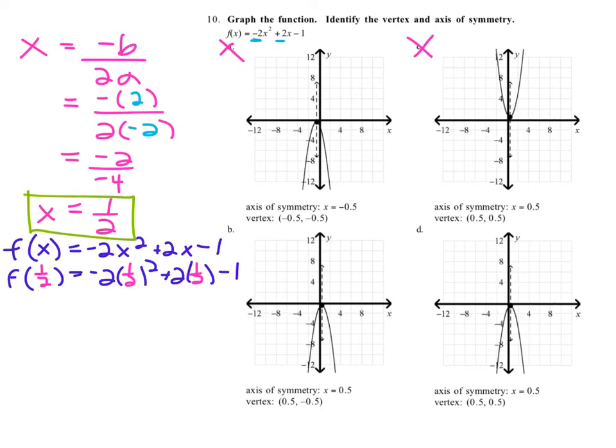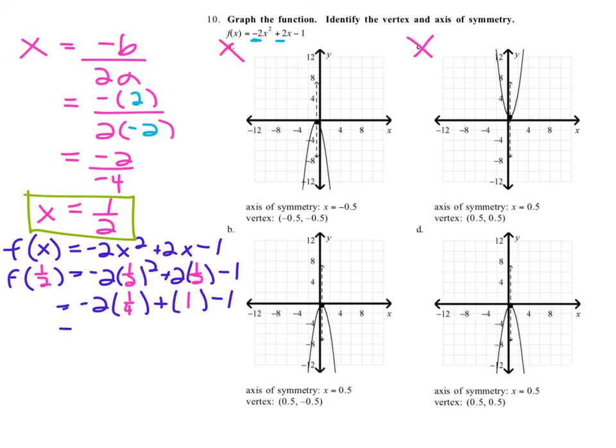So we say f of 1/2 equals, and now let's do this in parts, -2 times 1/4, okay? Plus 2 times 1/2, 2 halves is equal to 1, minus 1, okay?